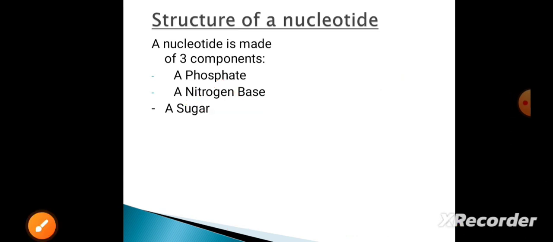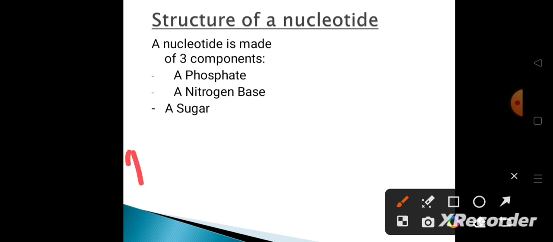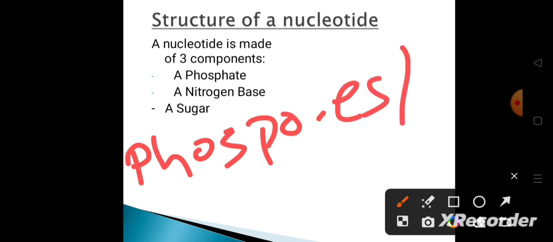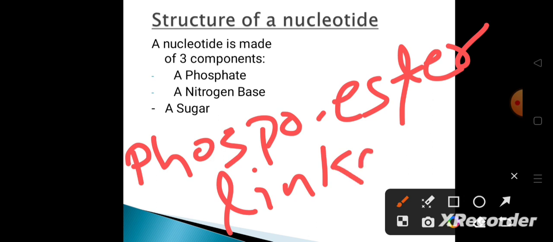Okay. So specifically here the phosphate group is linked to the 5'-OH of a nucleoside through a linkage called phosphoester linkage. Phosphoester linkage. Which one is attached?